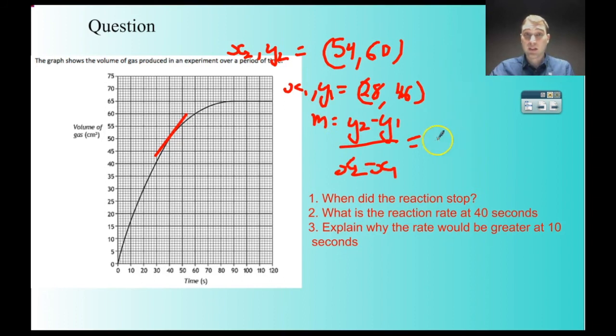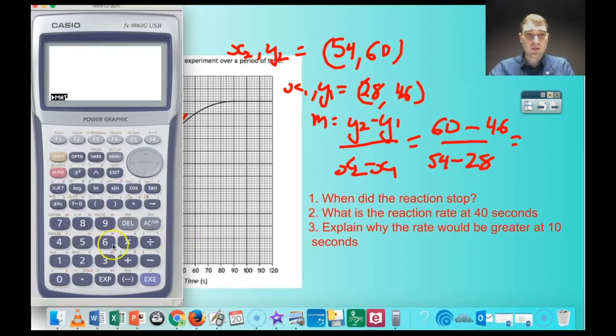So let's do y2 minus y1. So that's going to be 60 minus 46 over 54. That's our x2, 54, minus 28. So let's do this in our calculator. Now 60 minus 46 is going to be 14.